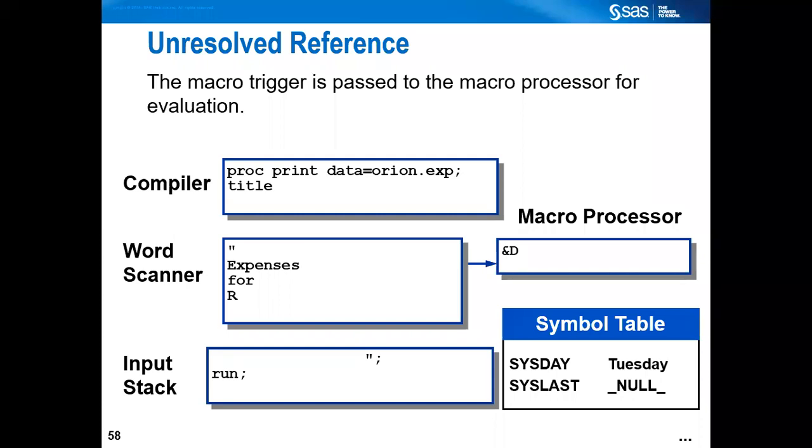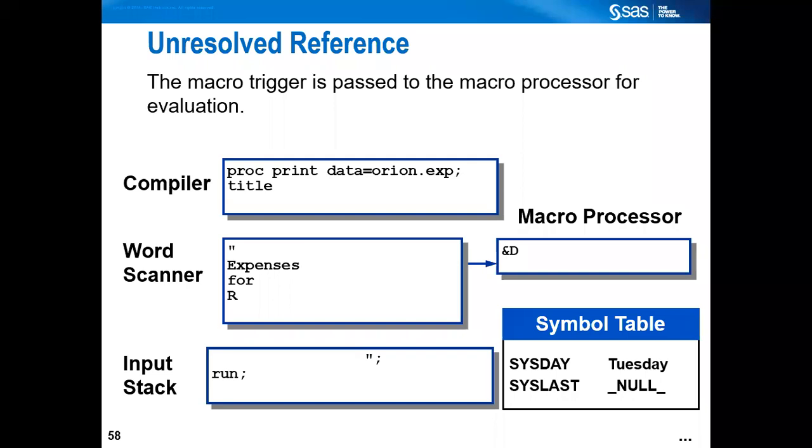So why is it taking this way? Because in your title, you have put the text into double quotations. It will treat it as a whole literal, but because it's a double quotation, it will check within the text whether you have any macro trigger. Yes, it has a macro reference. So it's treating it as if it's &D. It's not treating it as R and D. It's treating the ampersand and D as &D.